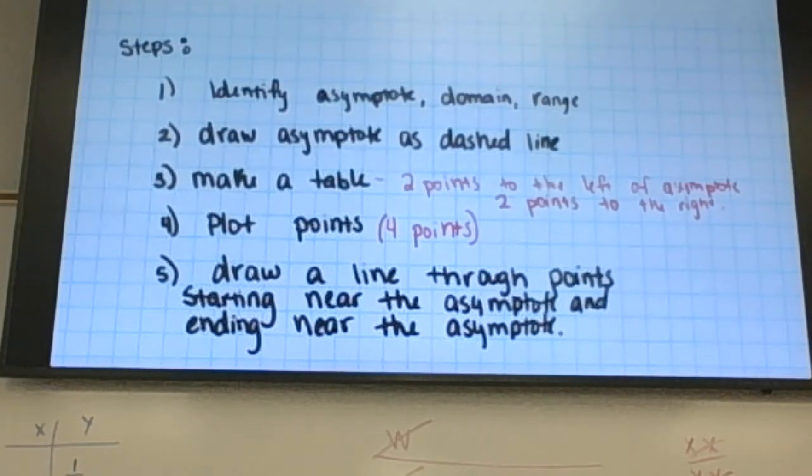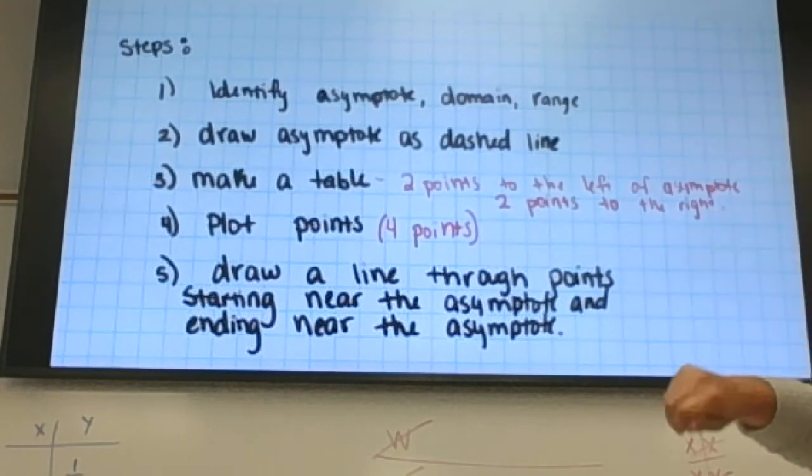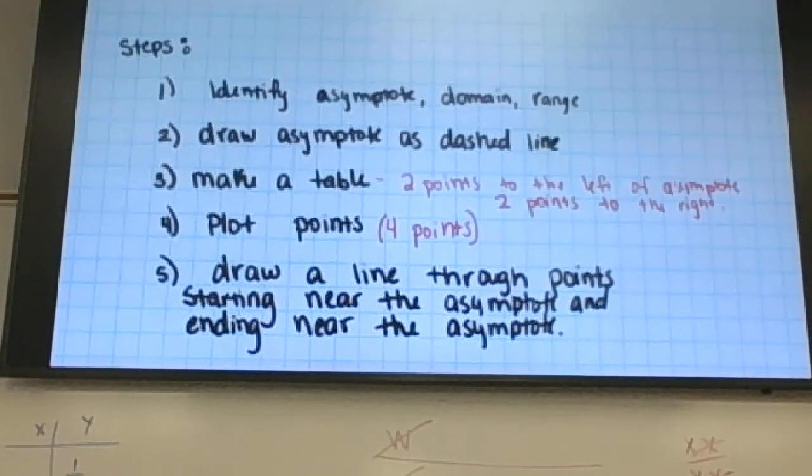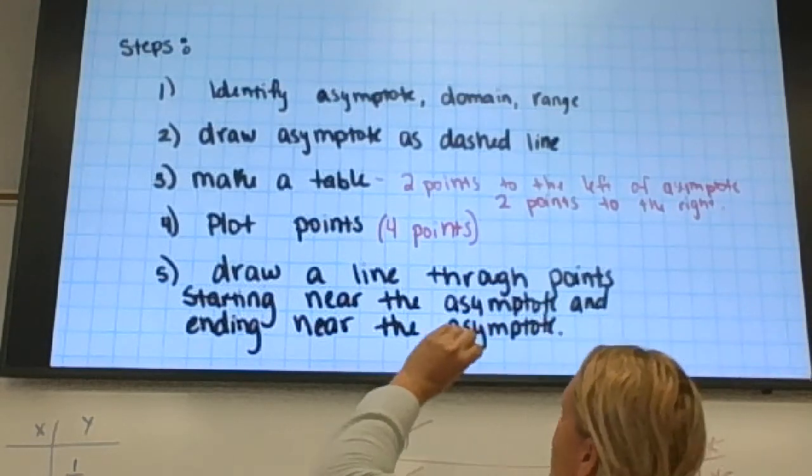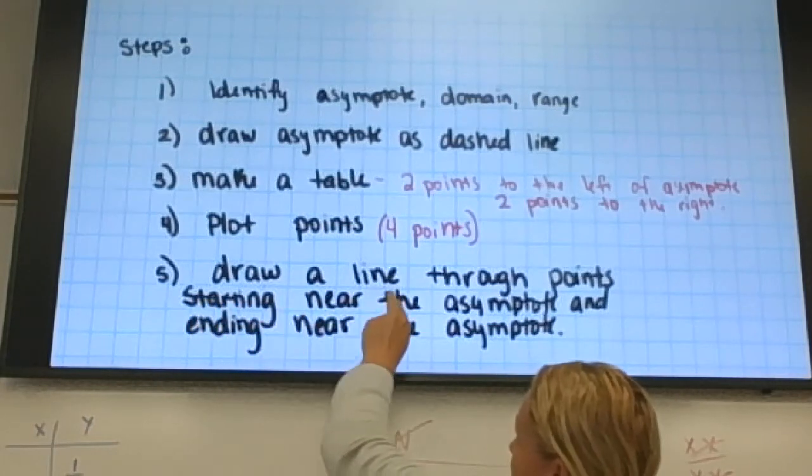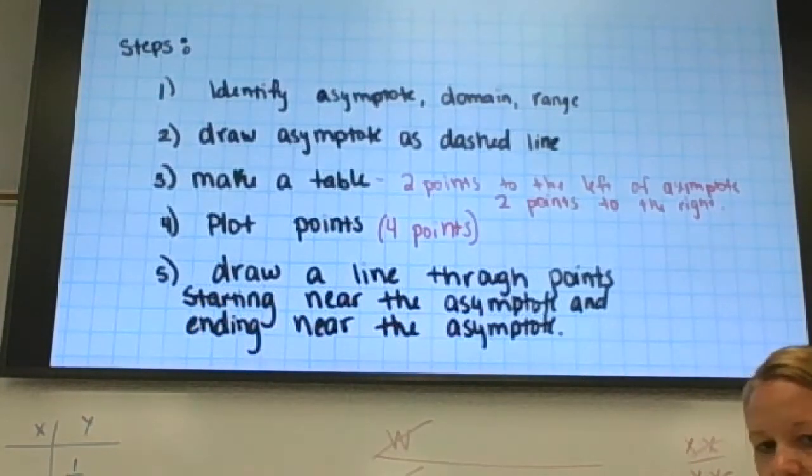Typically we plot points first, but here it's advised that you draw the asymptotes before you even plot any points. So once you identify the asymptotes and the domain and range, then go ahead and draw the dashed lines in. After that, you make a table. You plot your 4 points. You draw your line specifically by starting near a dashed line and ending near a dashed line.